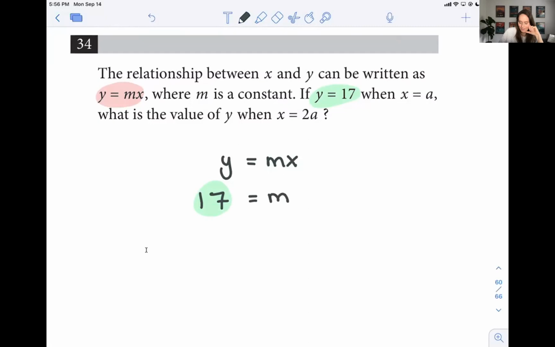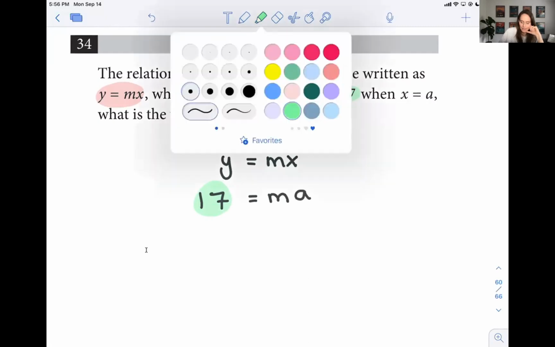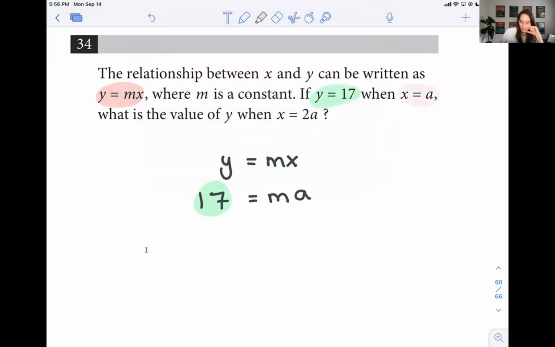So we have m times a because x equals a, right? So we have 17 equals ma. What is the value of y when x equals 2a? So what equals m times 2a?